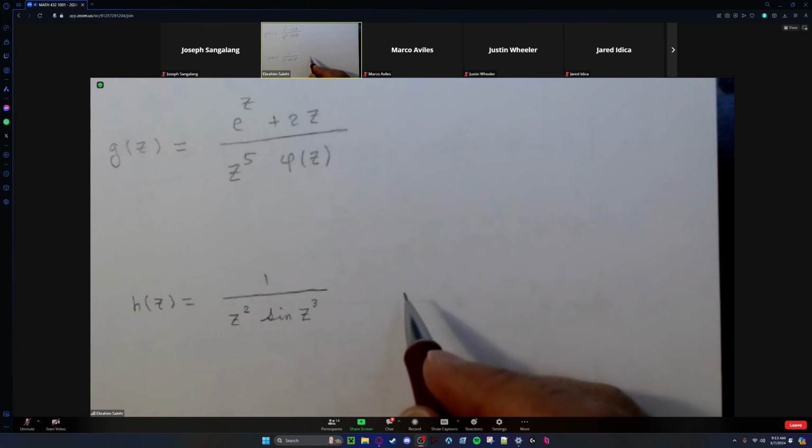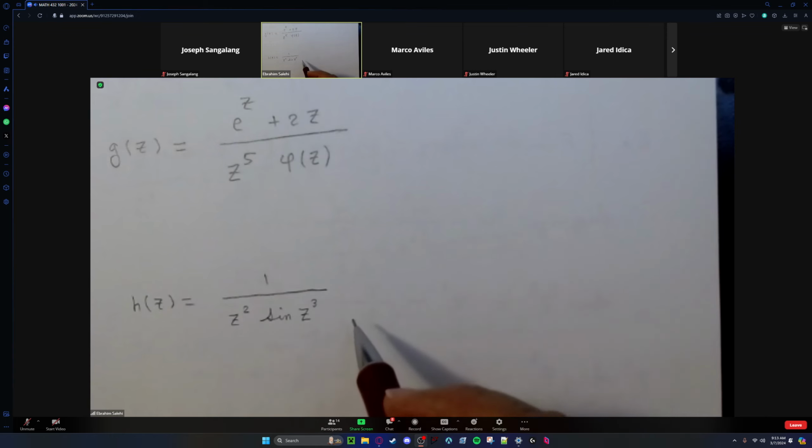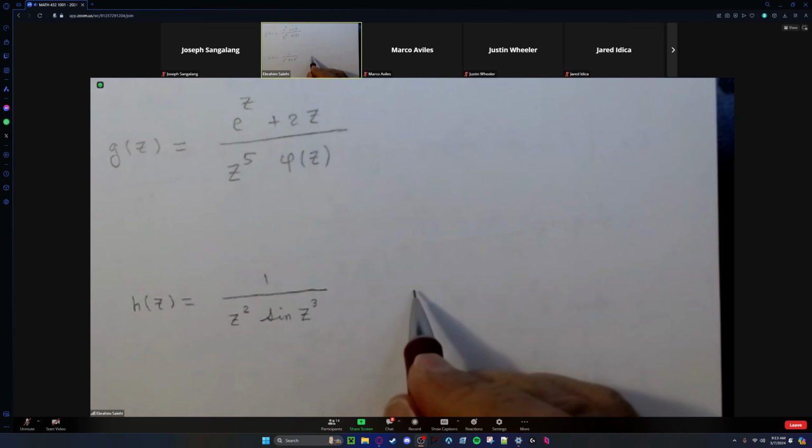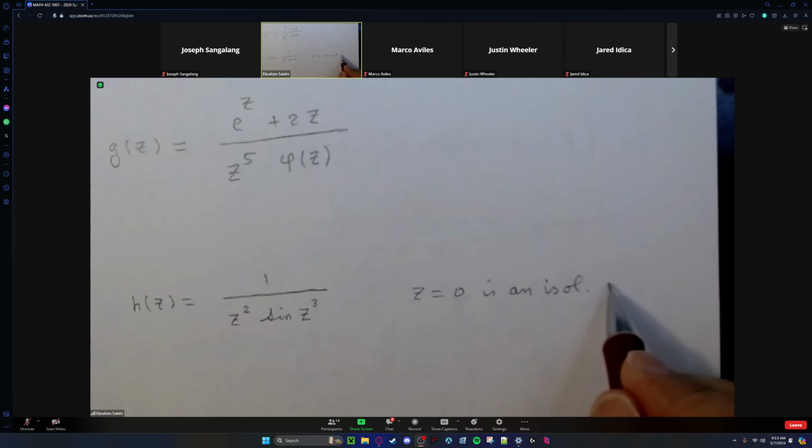There are other singularities, of course, when sine of z cubed is 0, but at least we know that z equals 0 is an isolated singularity.